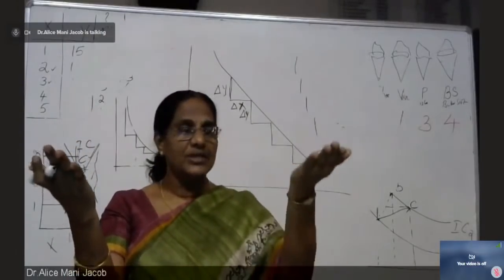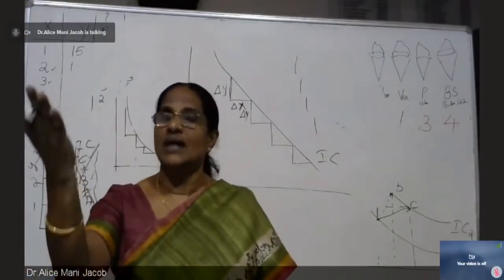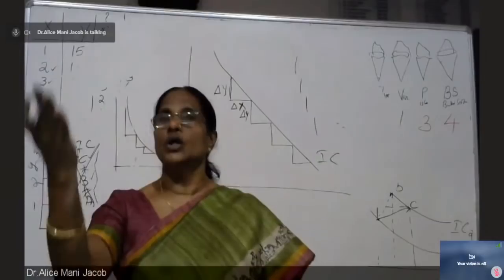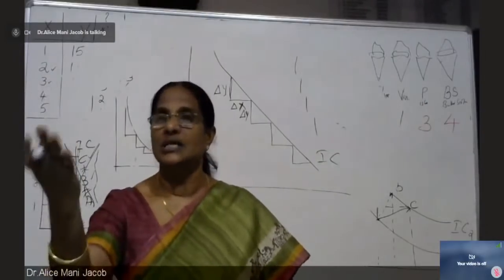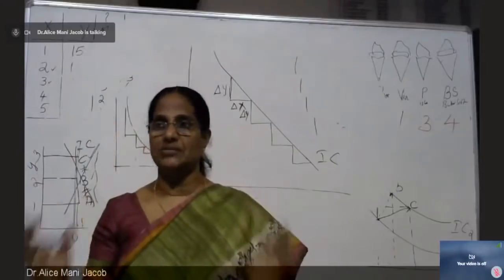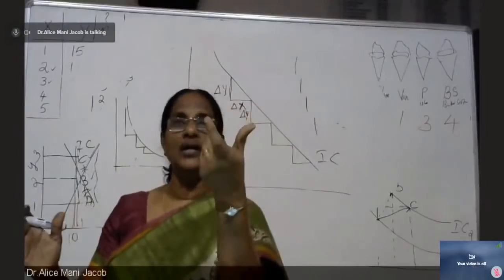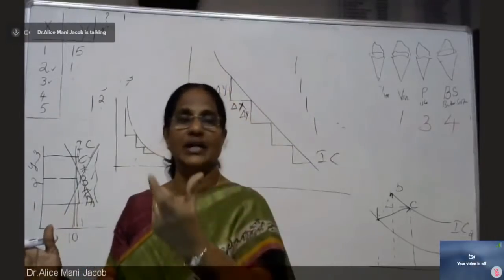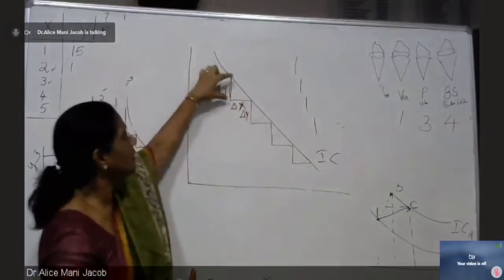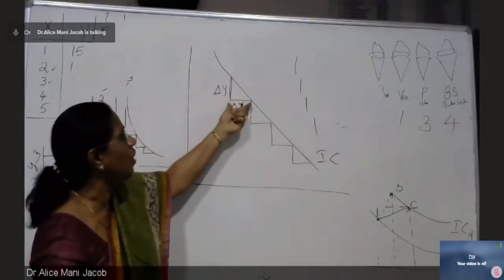The satisfaction that you lost by giving up one orange laddu is the same as the satisfaction which you got by receiving one yellow laddu. So when goods are perfect substitutes, you are willing to give up one for getting one, next one for getting one. In other words, delta y is what you give up and delta x is what you gain.